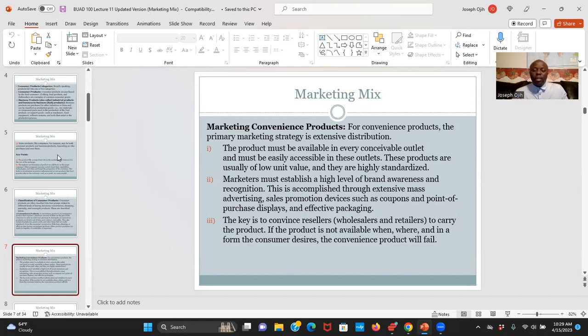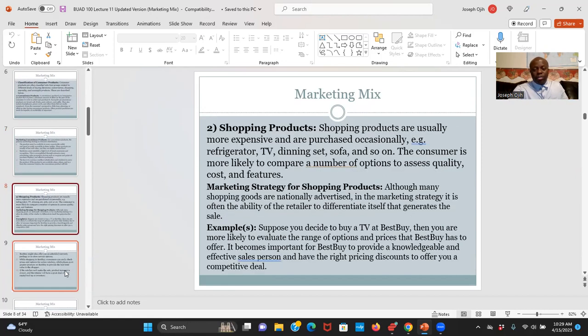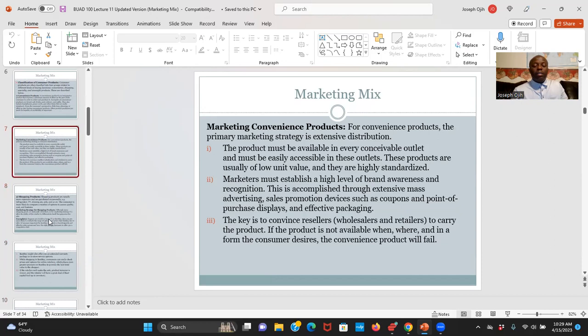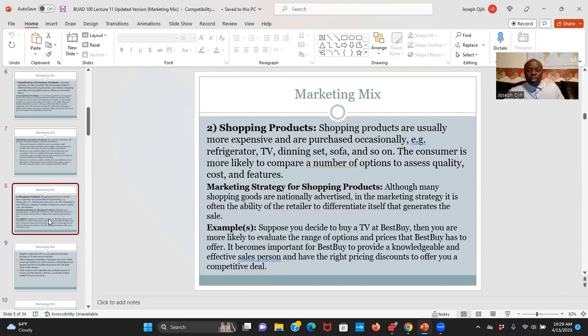If you can do that, especially if it's a good product, it will attract customers, if it's affordable and it's available. So availability is very, very important when you are marketing a convenience product. Any questions so far?